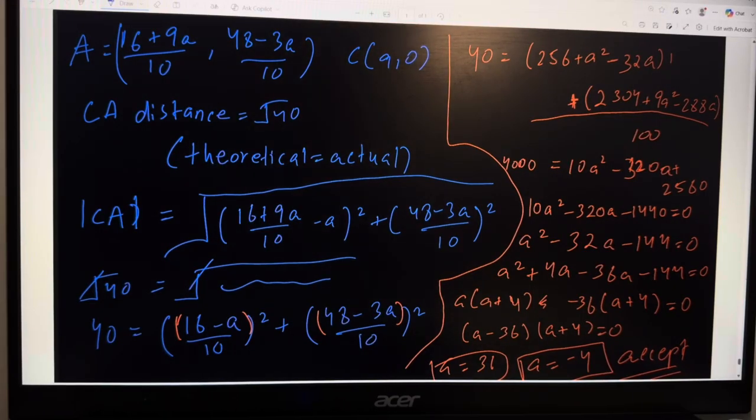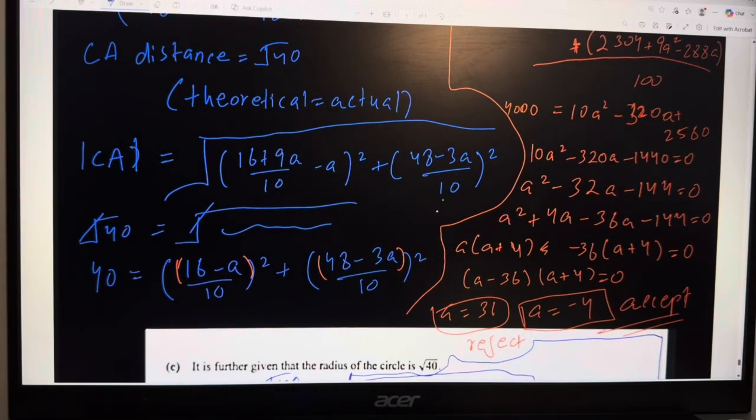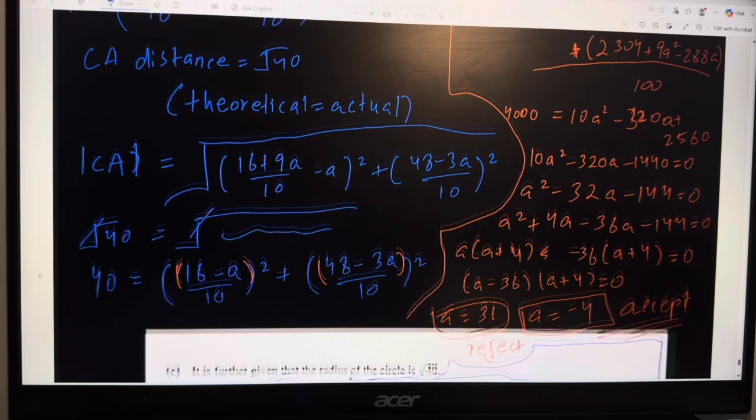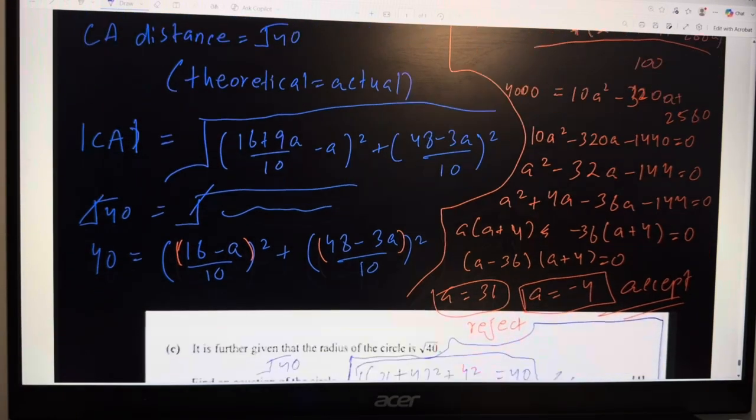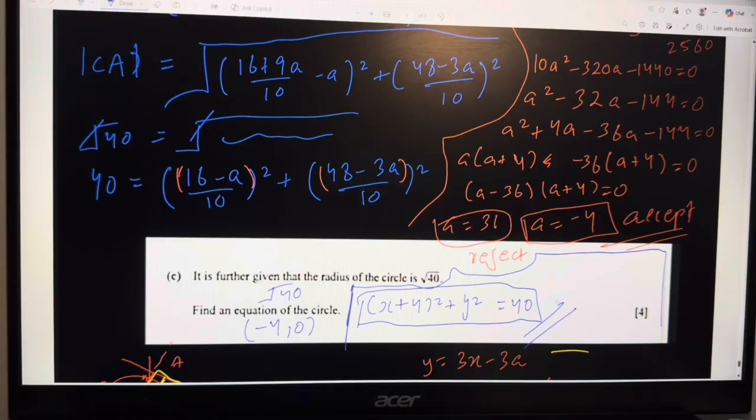CA is a radius, and you know that it is under root 40, so you can calculate it in terms of a. Under root 40 cancels with the root, so 40 is equal to this, and then you square the brackets, a squared plus b squared minus 2ab, all of this upon 100, take 100 to this side and simplify. So we get a equals minus 4, and this is our equation.